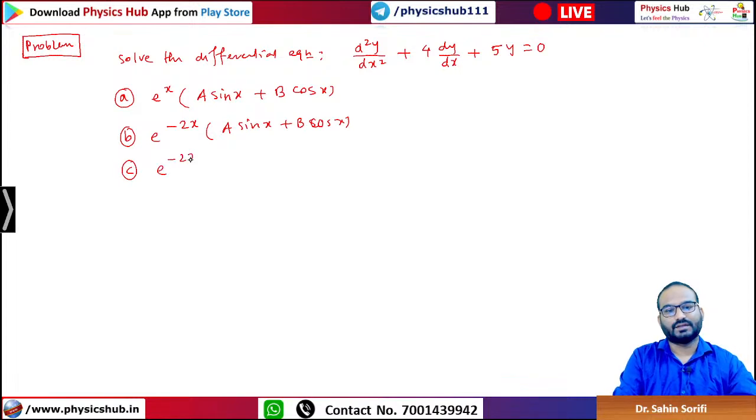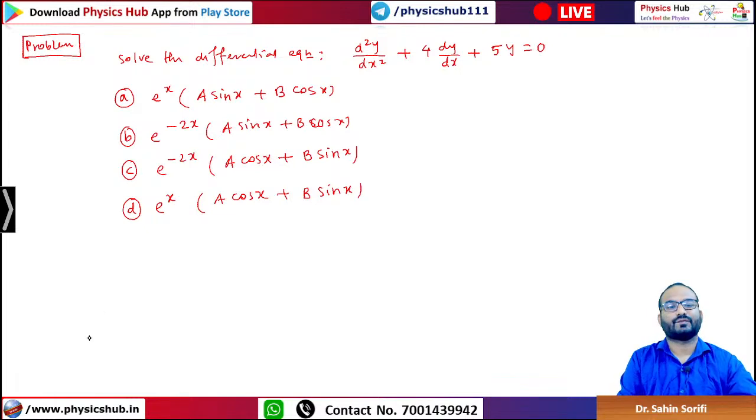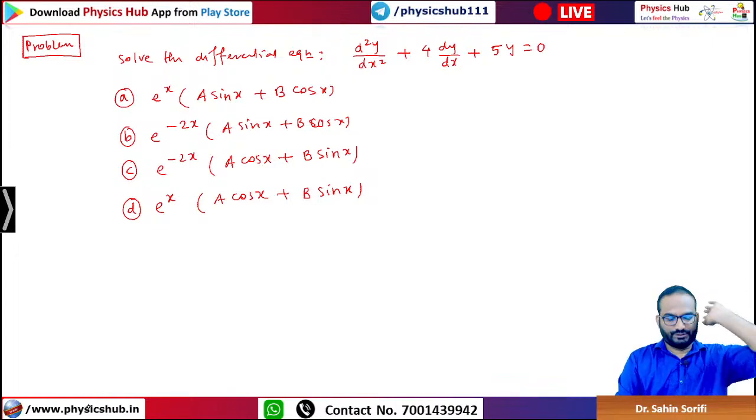Option C, e to the power minus 2x times a cos x plus b sin x, and option D, e to the power x times a cos x plus b sin x. Chalo, I have created 4 options for you. Now you have to tell me which option is correct.